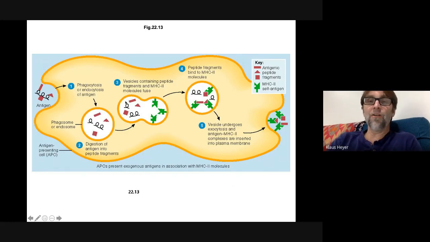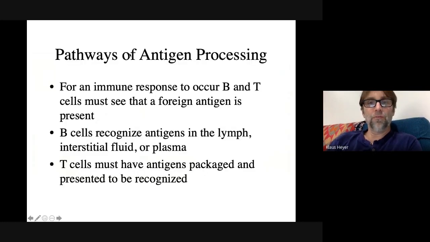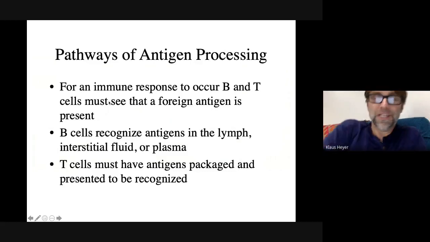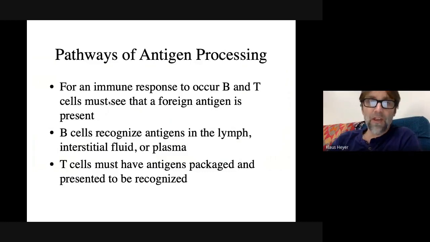And so this cell, after it's done, is going to walk up to where all the T8 cells are hanging out, and it's going to be like, hey, T cells, check out my name tag. Right? That's going to get them all riled up. So for T8 cells or for B cells to start getting revved up and ready to clone, they have to see that there's a foreign antigen.